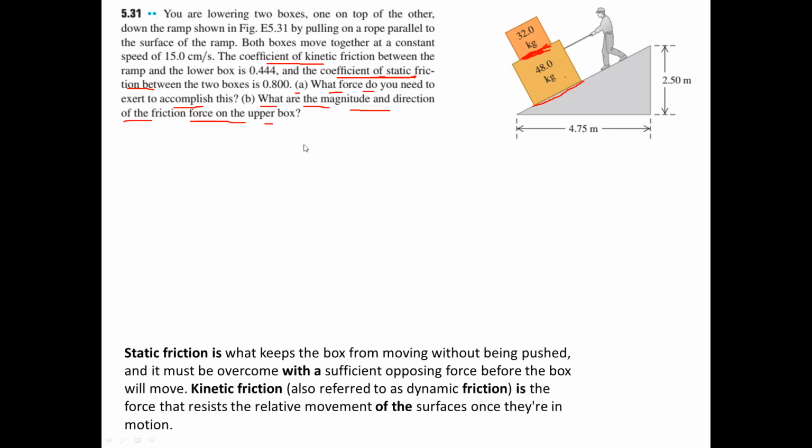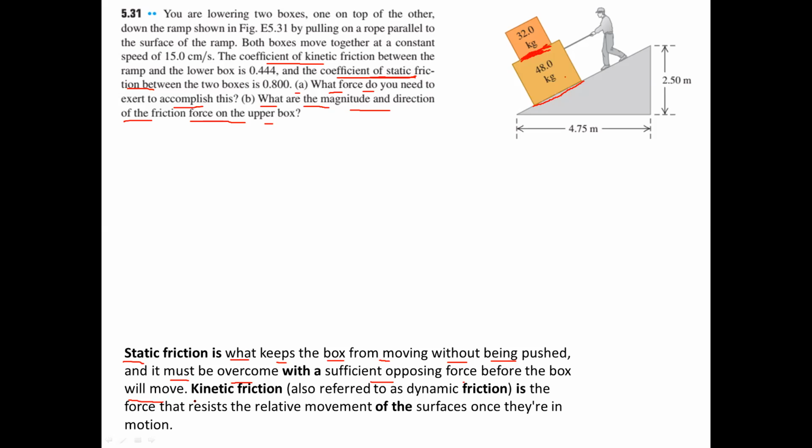So first of all, as I said, what is kinetic and static friction? Static friction is what keeps the box from moving without being pushed, and it must be overcome with a sufficient opposing force before the box will move. This static friction actually protects the box from sliding.